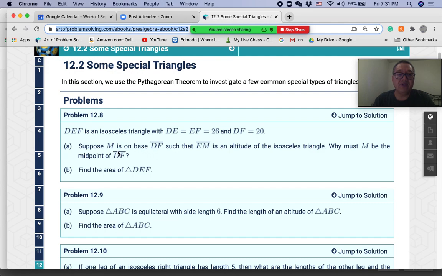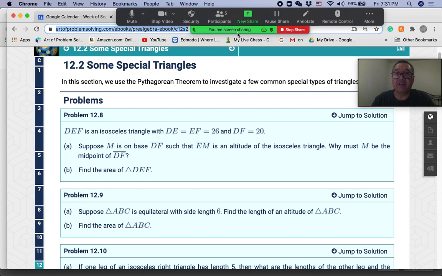A. Suppose M is on base DF such that EM is an altitude of the isosceles triangle. Why must M be the midpoint of DF? B. Find the area of DEF.